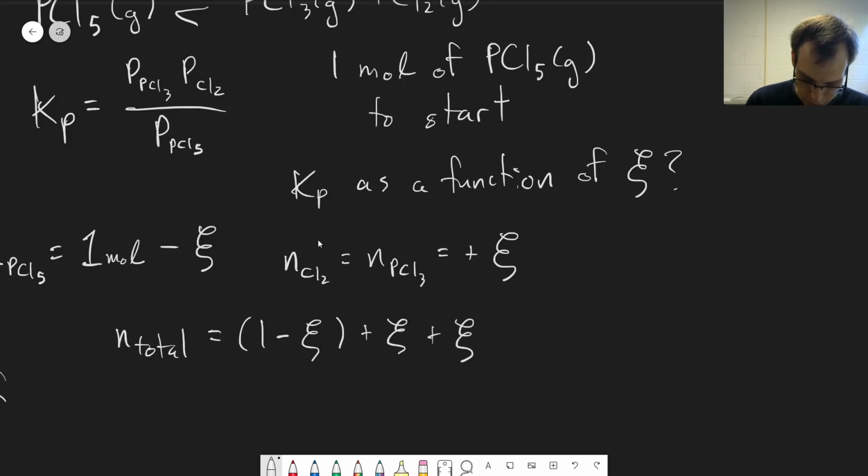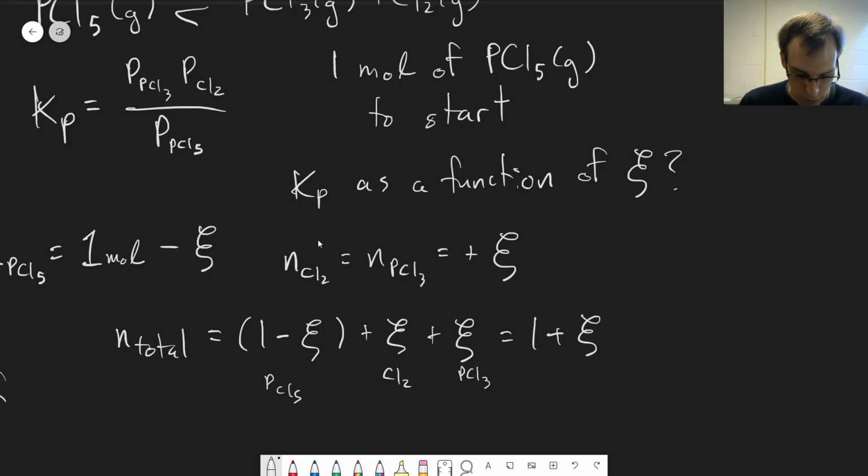So this is our PCl5, and this is our Cl2 and PCl3. So overall, we'll get a net of 1 plus xi moles in total.